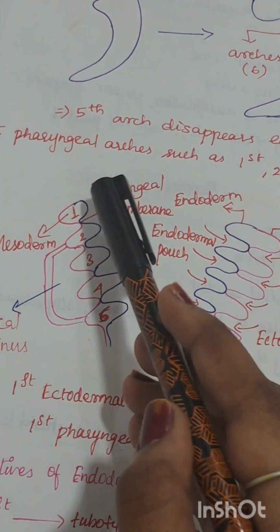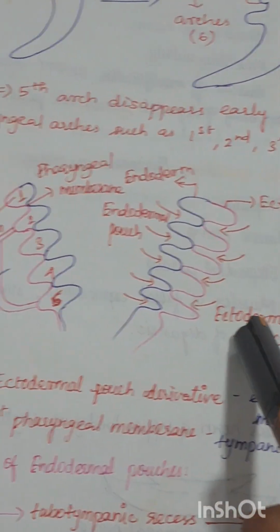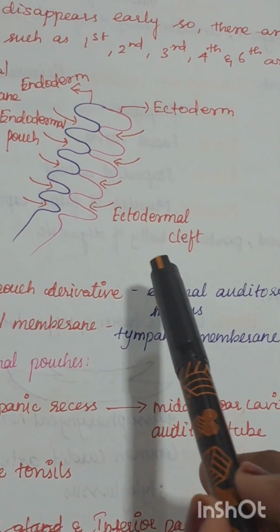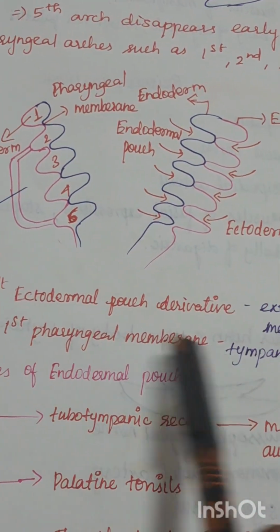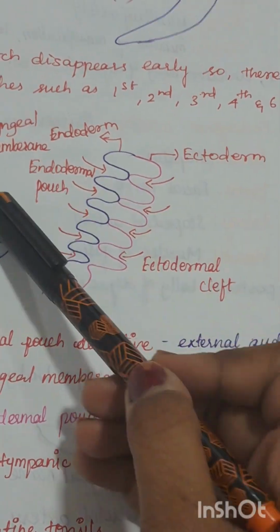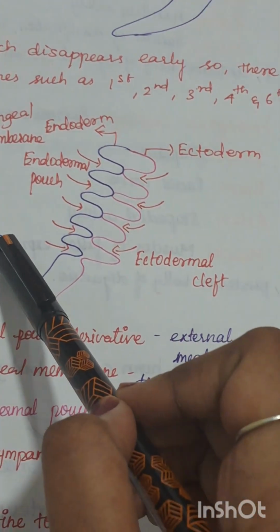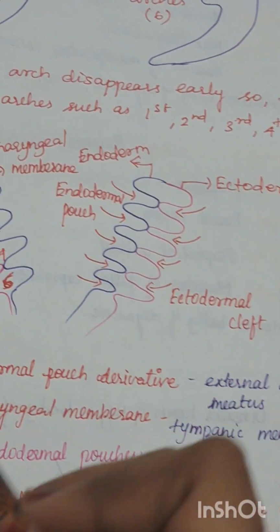So only the first ectodermal cleft gives rise to the external auditory meatus, and the first pharyngeal membrane gives rise to the tympanic membrane. The second, third, fourth and sixth ectodermal clefts do not give any derivatives.